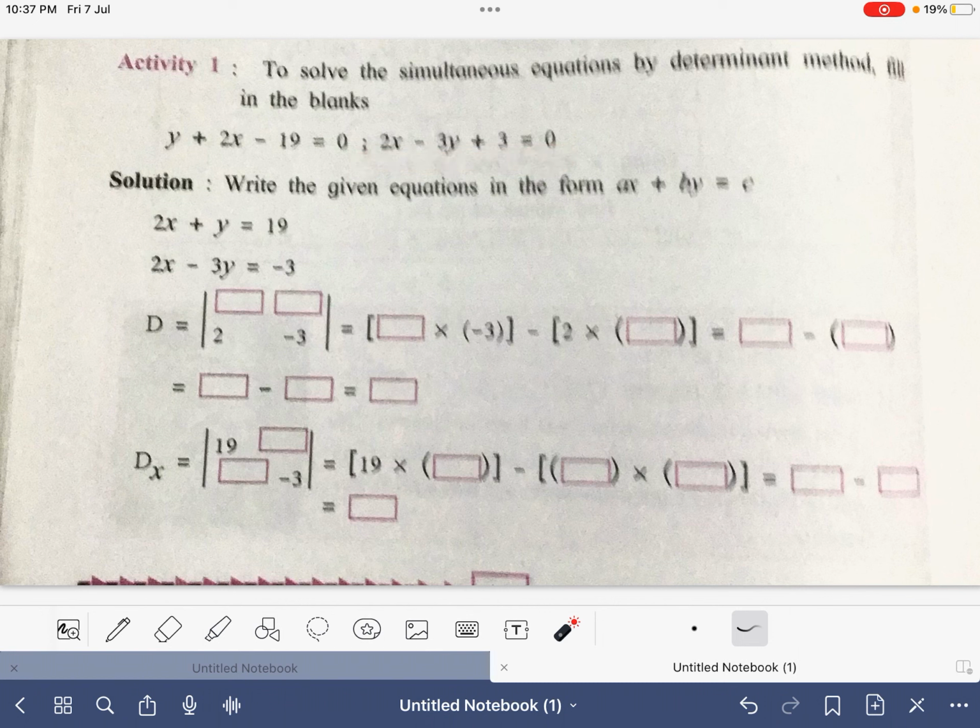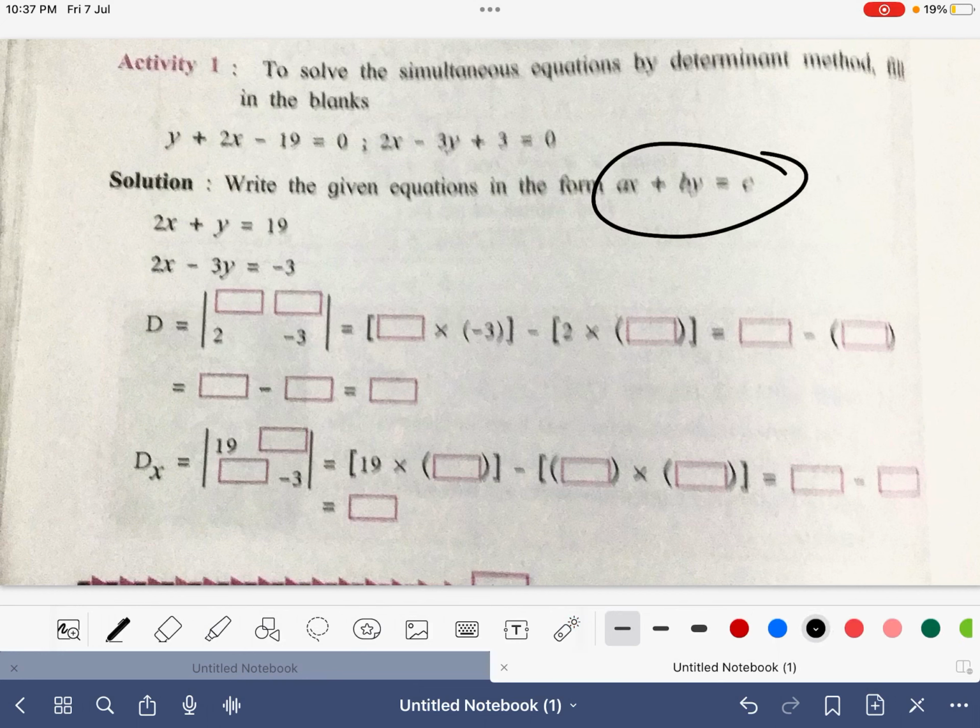Actually, you know that. First and most important thing is that we have to compare these equations with ax plus by is equal to c, and this we call the standard form of equation in two variables.